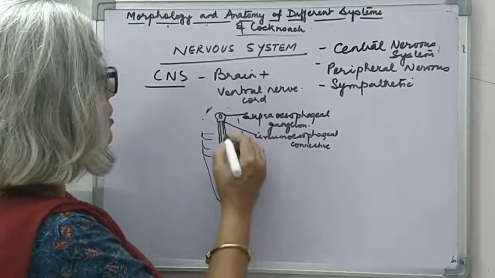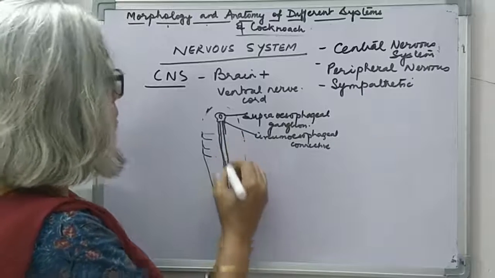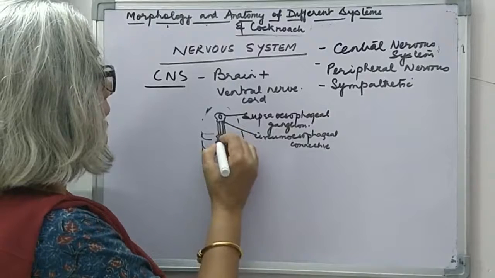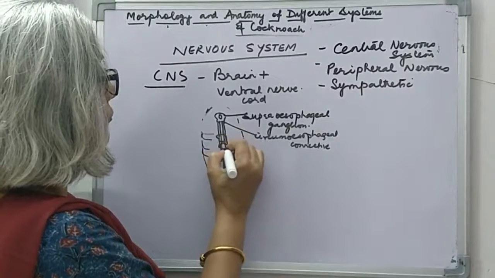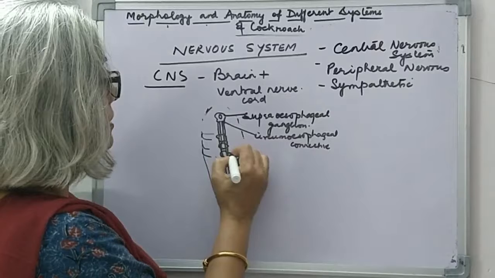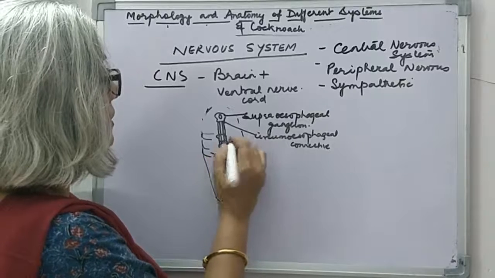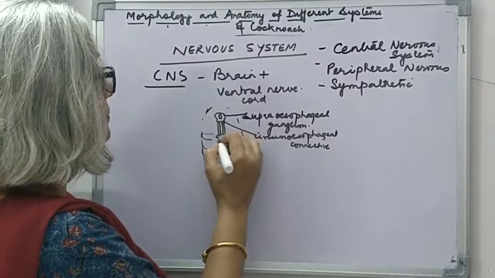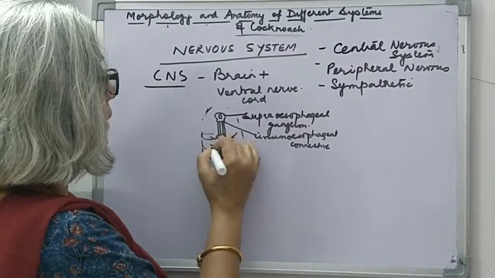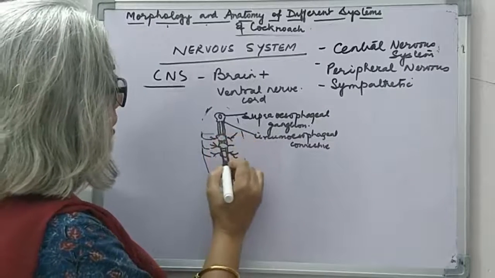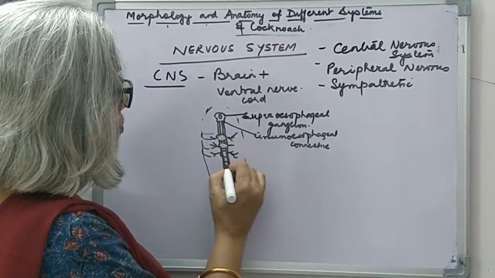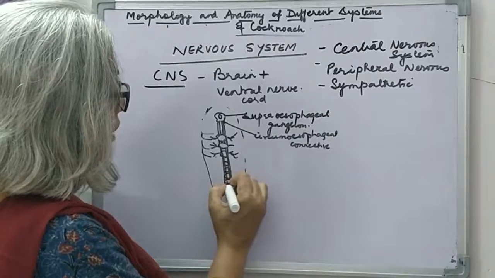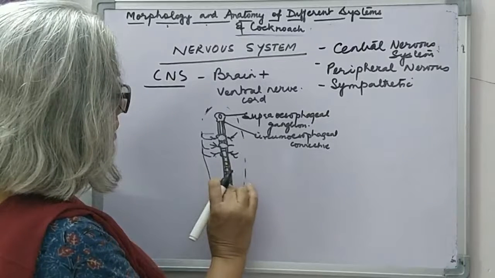These are the nerve cords which run the entire length of the organism. 3 large ganglion in the first 3 thoracic segments which give out nerves like this. These are the 3 large ganglion located in the first 3 thoracic segments. Then 5 smaller ganglion in the first 5 abdominal segments like this.